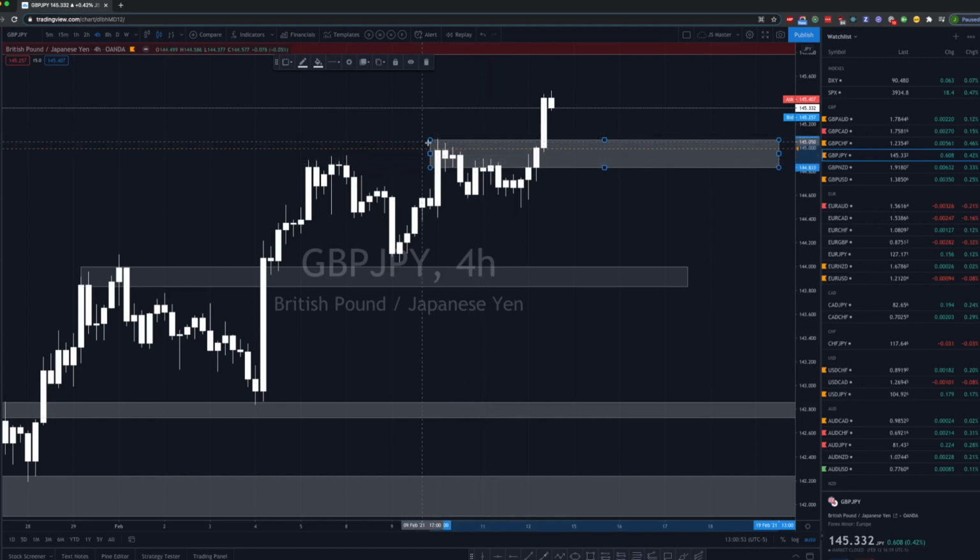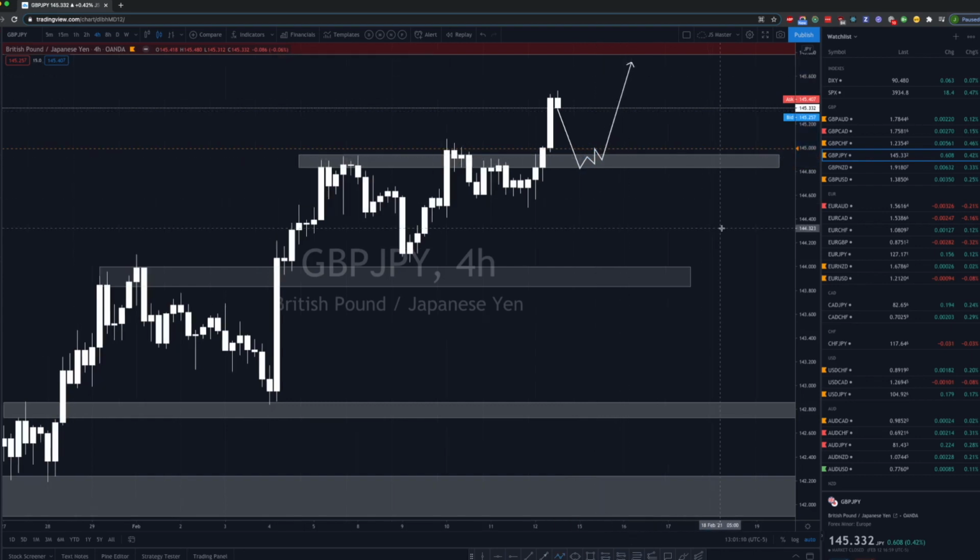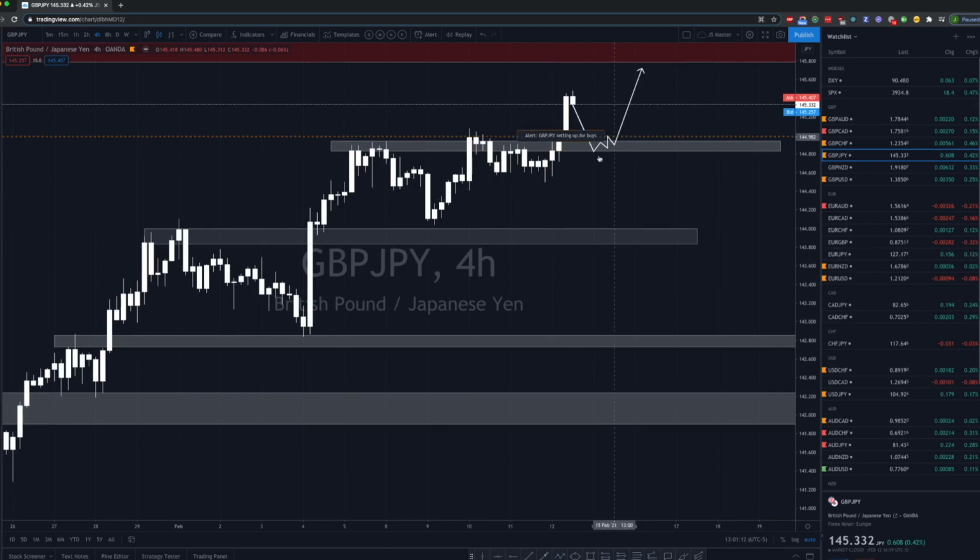So I guess this one looks a little bit more valid. But what I'll be looking for regardless is it to push back into this level, show some rejection, and then look for a push higher, right? So something like that I'll be looking for in this upcoming week.